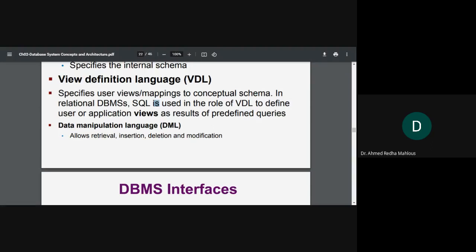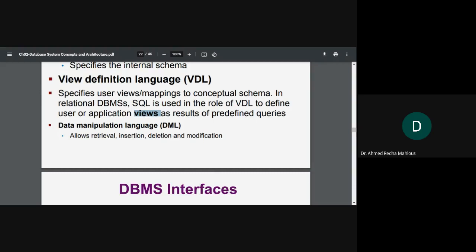In relational DBMS, the SQL language plays the role of the VDL, the view definition language, because it is used to create those views. We are going to cover it in a separate chapter.